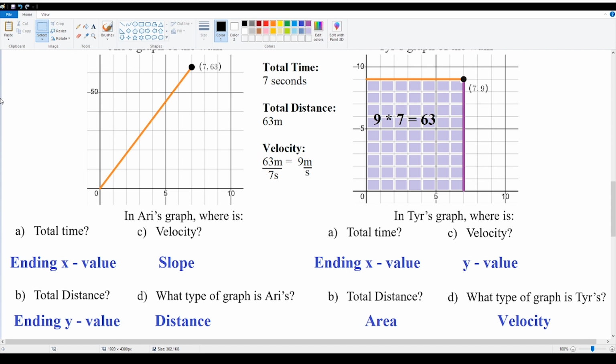Instead, if you multiply the two numbers of that coordinate, 9 and 7, together, you get 63, which is the total distance. This gives us this very important conclusion that we can find total distance and displacement by taking the area under a graph of a velocity function.